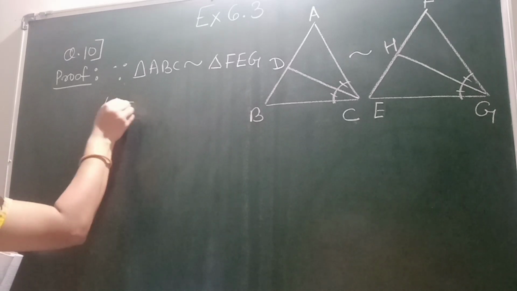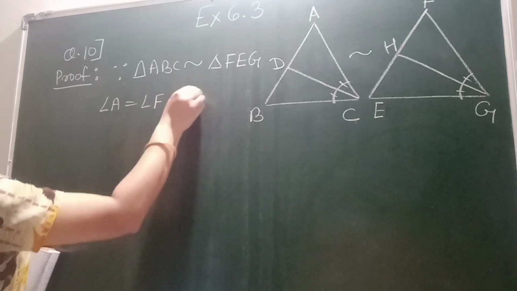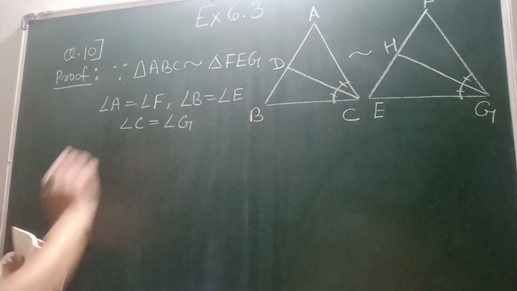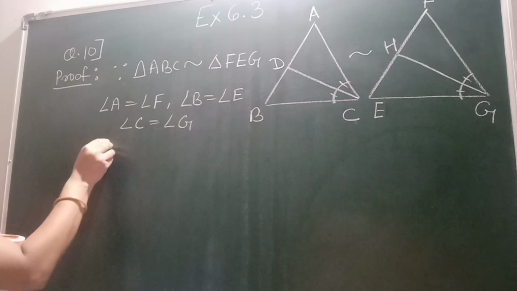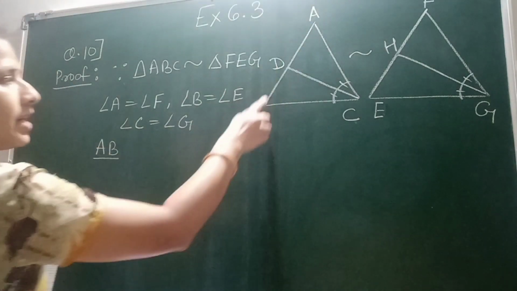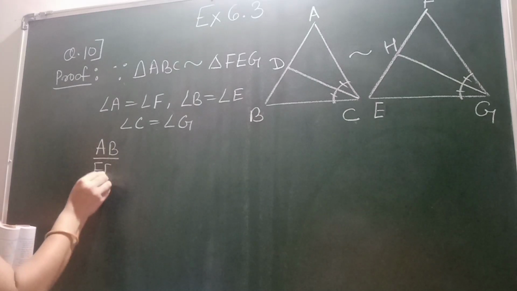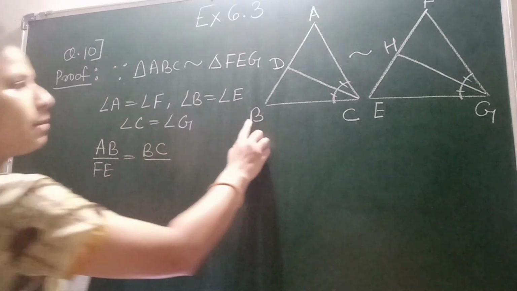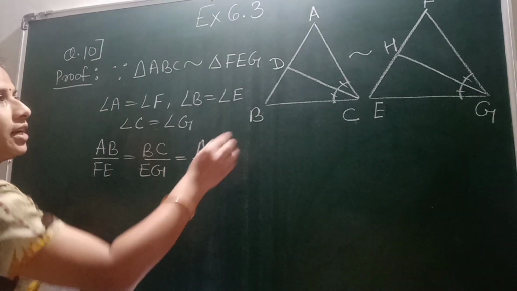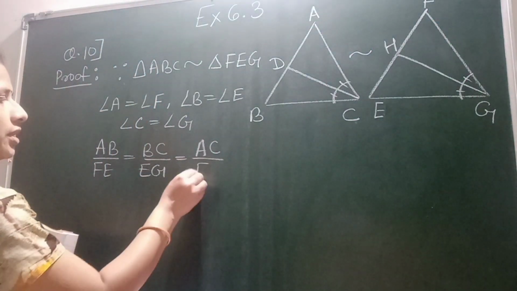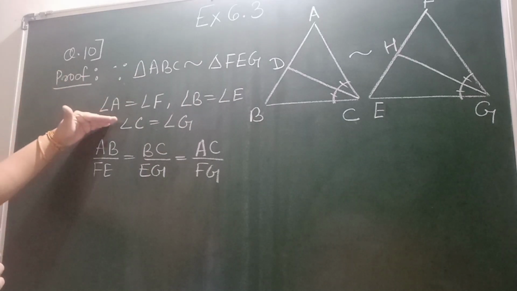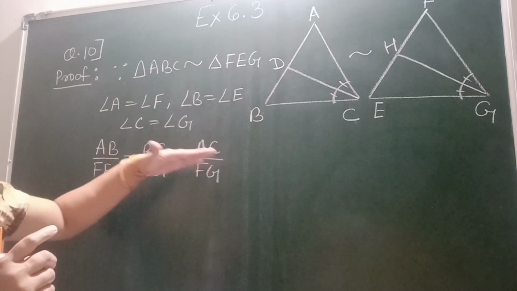So angle A equals angle F, angle B equals angle E, and angle C equals angle G. Second, the ratio of their corresponding sides: AB upon FE equals BC upon EG equals AC upon FG. This is given.